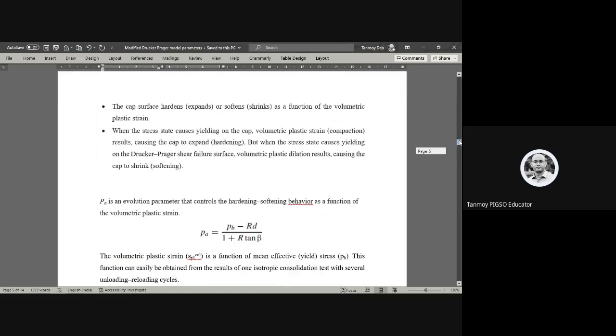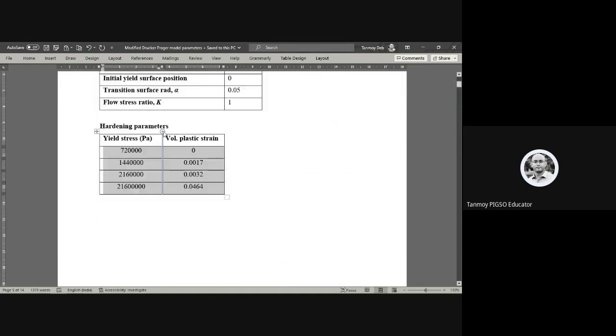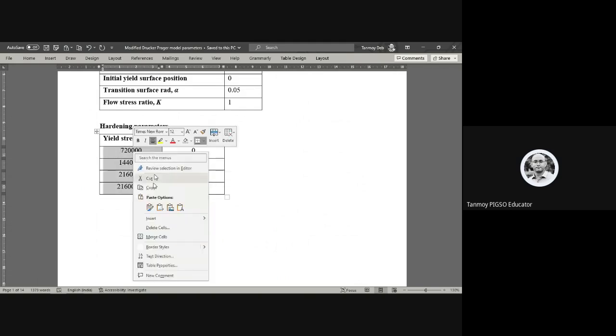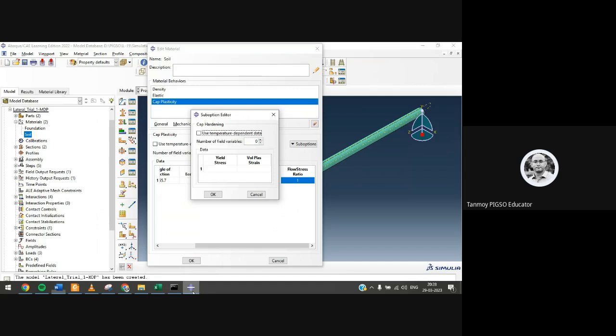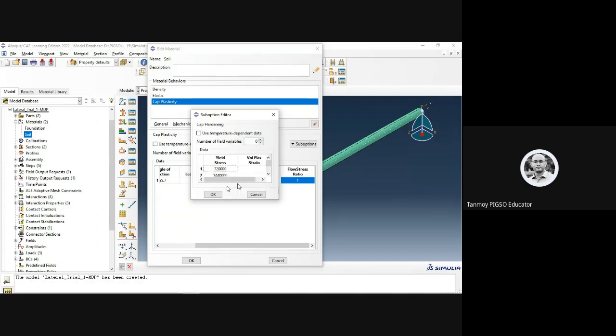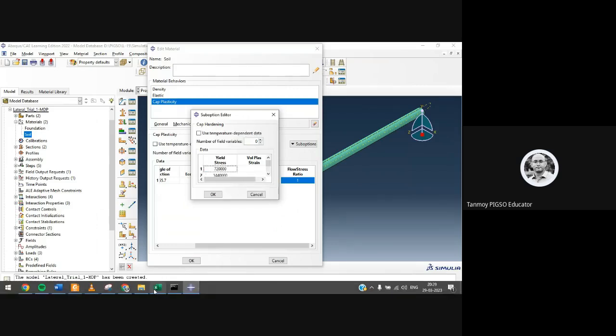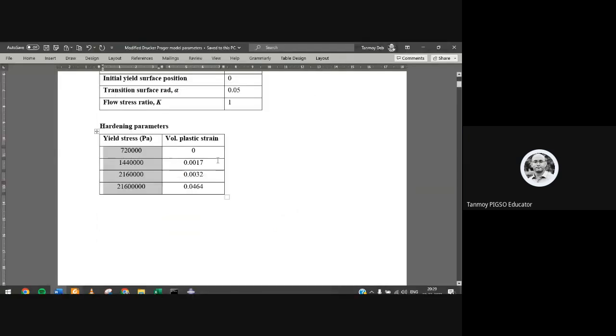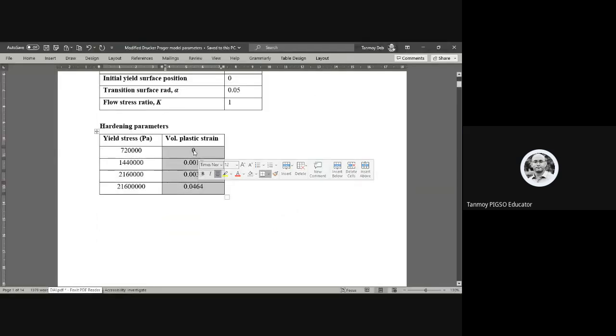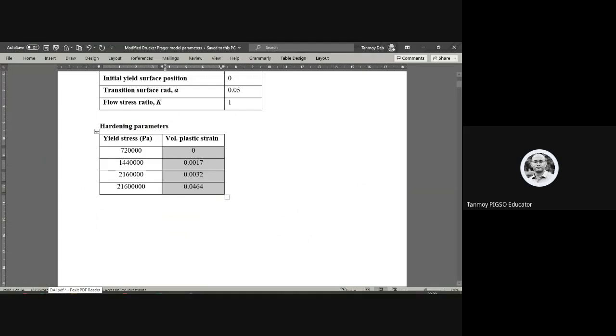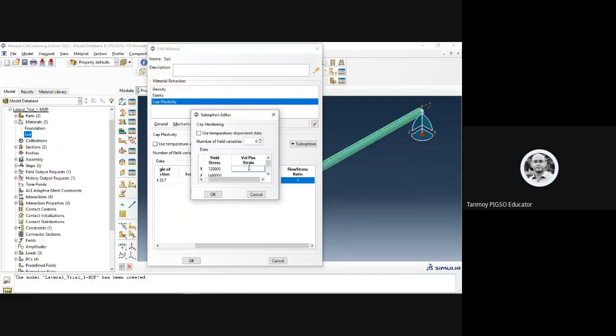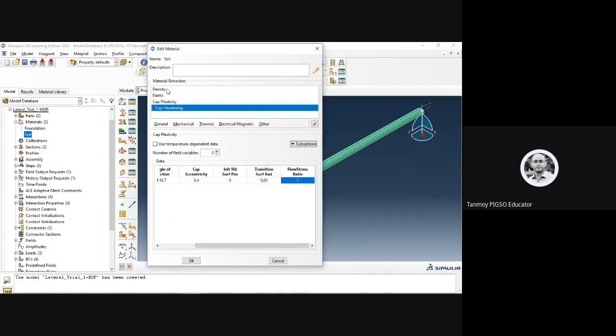Generally I have these values, so I'll straightaway use them.